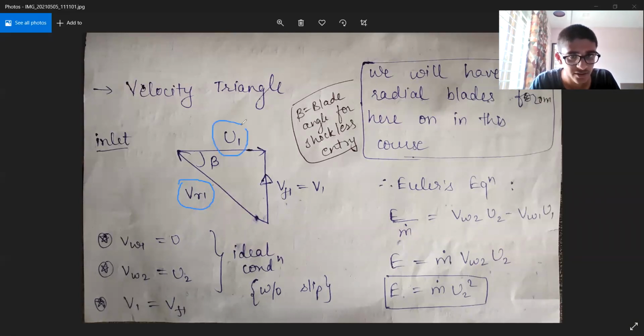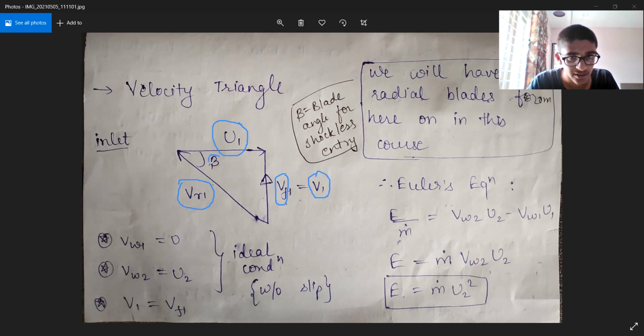U1 refers to the blade speed. VF refers to the flow velocity or axial velocity. VR refers to relative velocity. V1 refers to the absolute velocity.